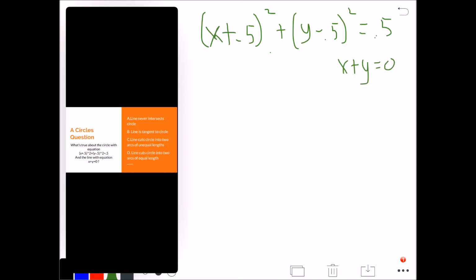It's asking what's true about the circle equation (x + 0.5)² + (y − 0.5)² = 0.5 and the line equation x + y = 0. Let's read over the answer choices. A: the line never intersects the circle, so it's a circle and a line that don't touch at all.